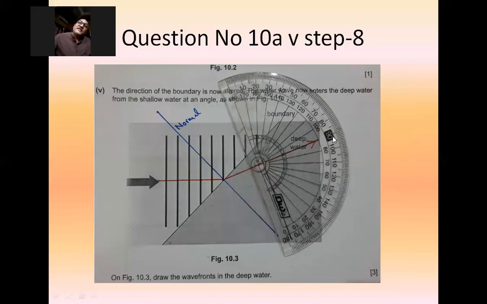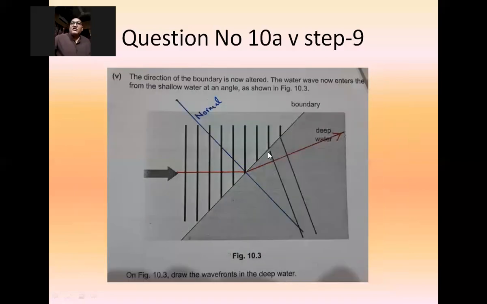And you can see the crosshair and the 90 both are on this red line. So I moved it towards the left. When this straight edge of the protector coincides with this point, where the wavefront in the shallow water touches the boundary, there I will draw a line with the pencil. That will show the wavefront in the deep water. So here you can see that second wavefront I have drawn.